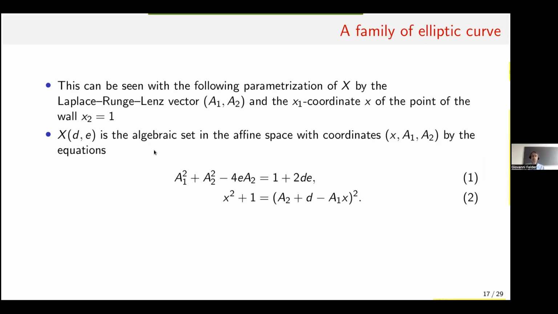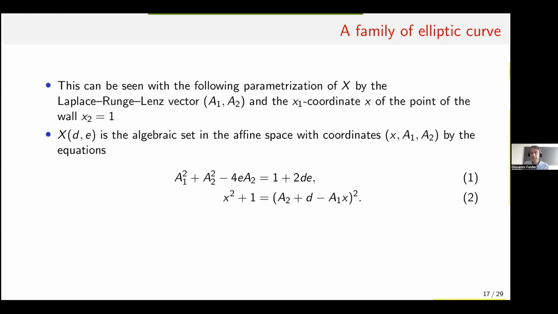So it is an algebraic set, and so we have these two conditions that one can write down. I will not go into the details, but from here you see that if you look at coordinates a1, a2, and x, the first equation is a quadratic equation, so it's a rational curve, isomorphic to the projective line.